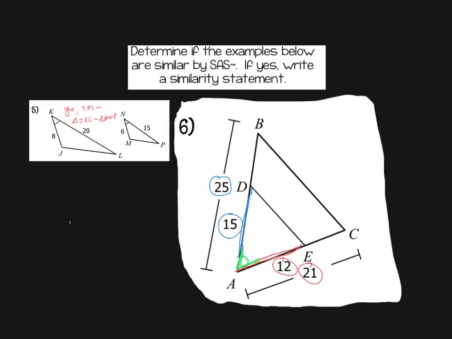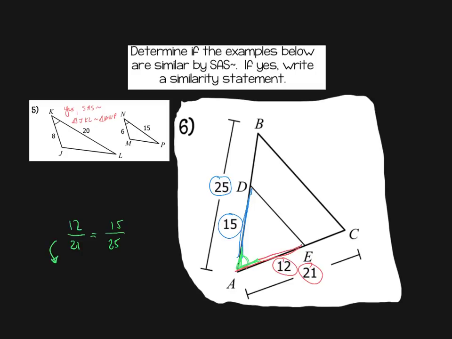So I'm going to take the small side, 12, compare that to the larger side it shares, 21. Come over to the other side, the 15 length side on the small triangle compared to the 25 length. Now we're going to turn around and see if this works out. Now we can reduce the fractions to see how that works.